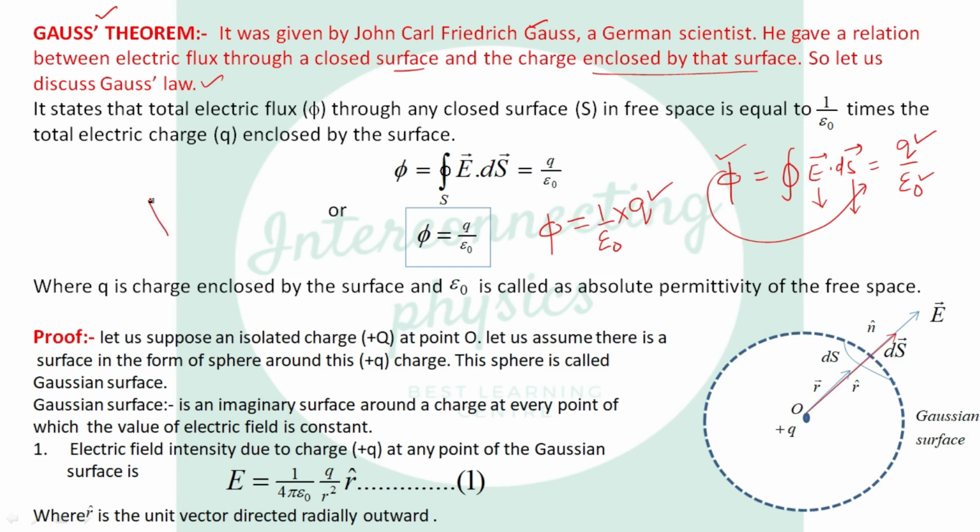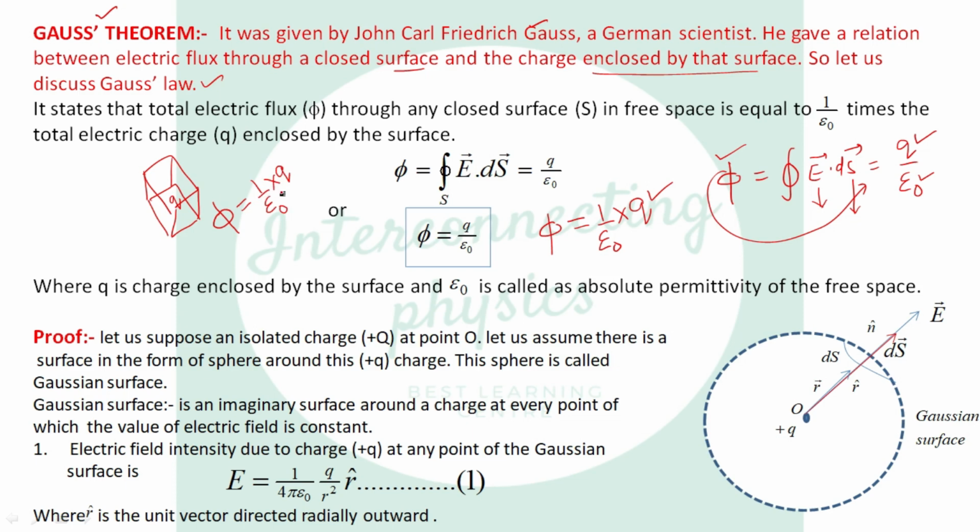Suppose we have a cube and it is a closed surface. If charge q is present inside the closed surface, then what does Gauss law say? Gauss law says the flux through this closed surface is equal to 1 over epsilon naught times the charge enclosed by the surface.